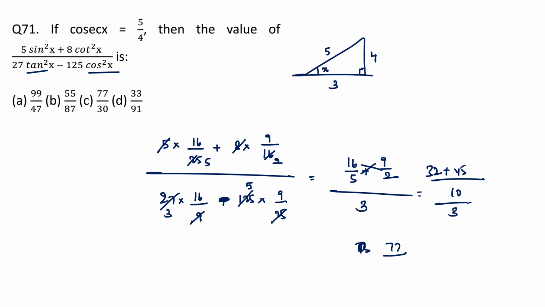In the denominator, this goes up and it becomes 1 by 3, so 10 into 3 becomes 30. That's a simple calculation only. In the numerator you're getting 77 by 10, in the denominator you're getting 3 by 1. So if it goes up, it becomes 77 by 10 into 1 by 3, which equals 77.